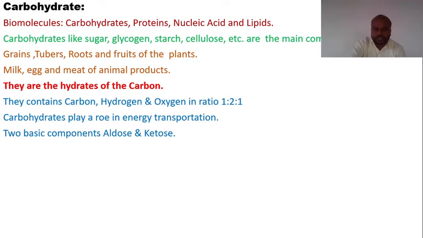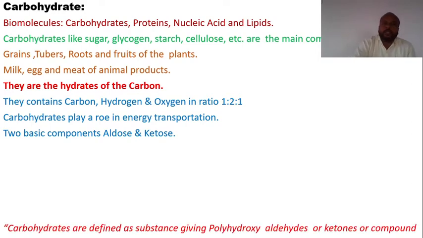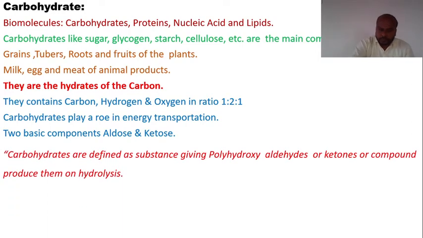There are two basic components in carbohydrates, aldoses and ketoses. This is the new definition: carbohydrates are defined as substances giving polyhydroxy aldehydes or ketones, or compounds that produce them on hydrolysis.